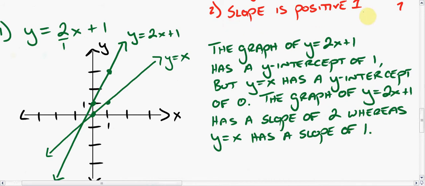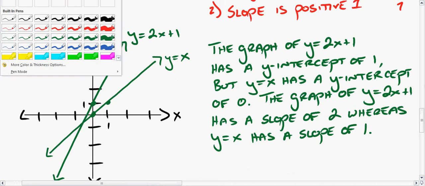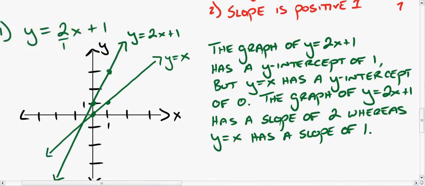And we set that up in the property. So two sentences comparing each one, and I'm not just stating that there's a slope of 2 and a slope of 1. I'm comparing them, so I'm using comparative words. In the first sentence, I've got a comparative with the word but, and in the second sentence, I have another comparative with the word whereas. So I'm comparing each of the graphs, the slope and the y-intercept.